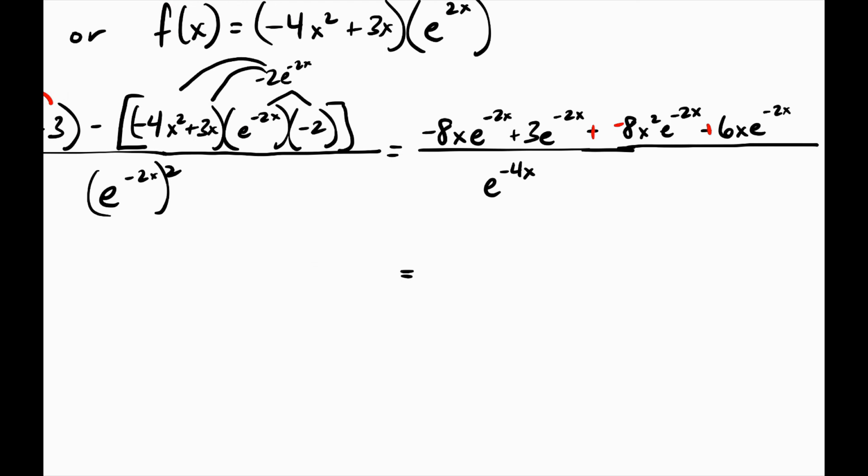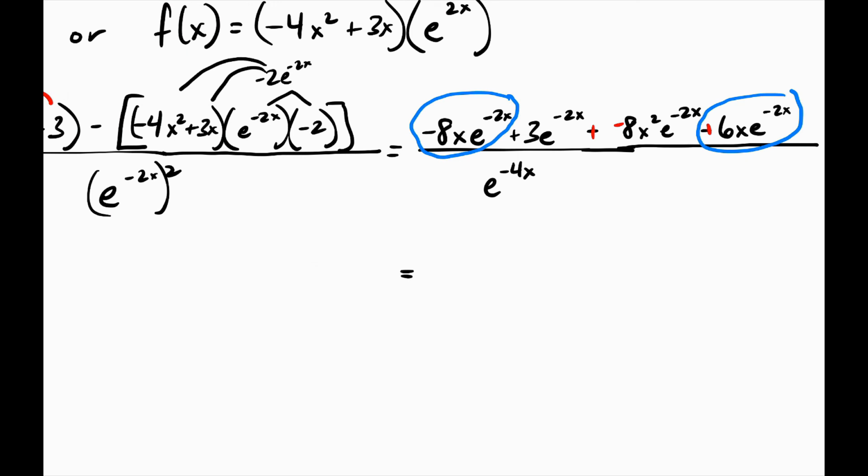I have some like terms. I can combine some like terms. This is the last part we'll do. I have this guy here, and this guy here. Those both have x e to the -2x. Those are like terms.